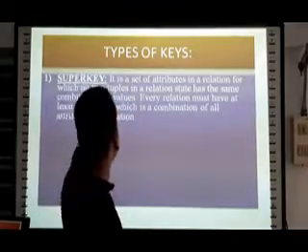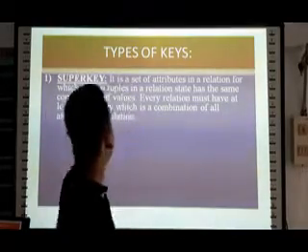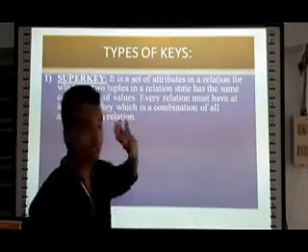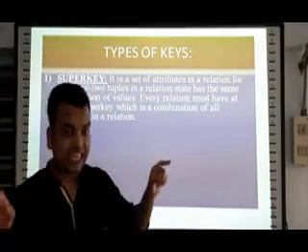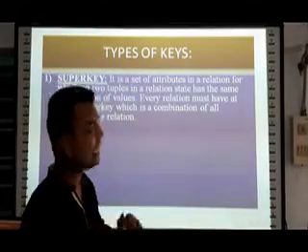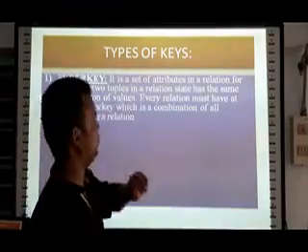Every relation must have at least one super key, which is a combination of all attributes in a relation. Now, apart from this is the definition. That means what? It is a set of attribute values for which no two tuples in a relation should have the same set of values.